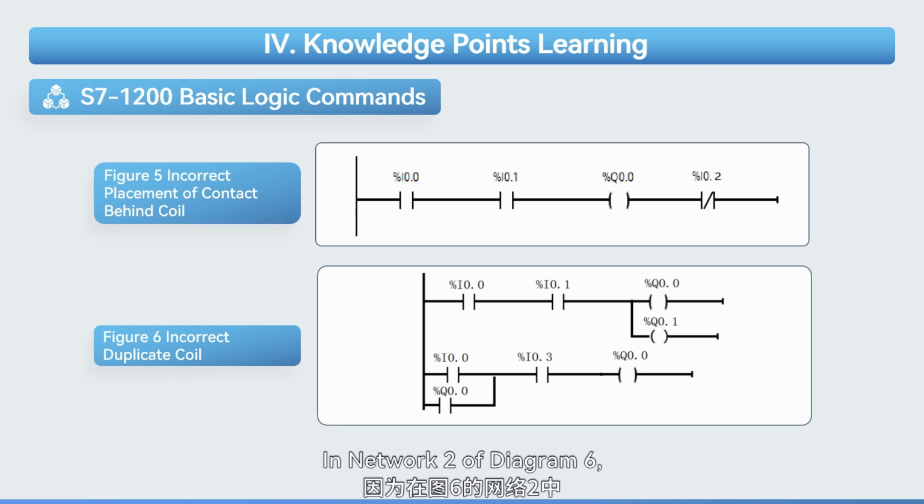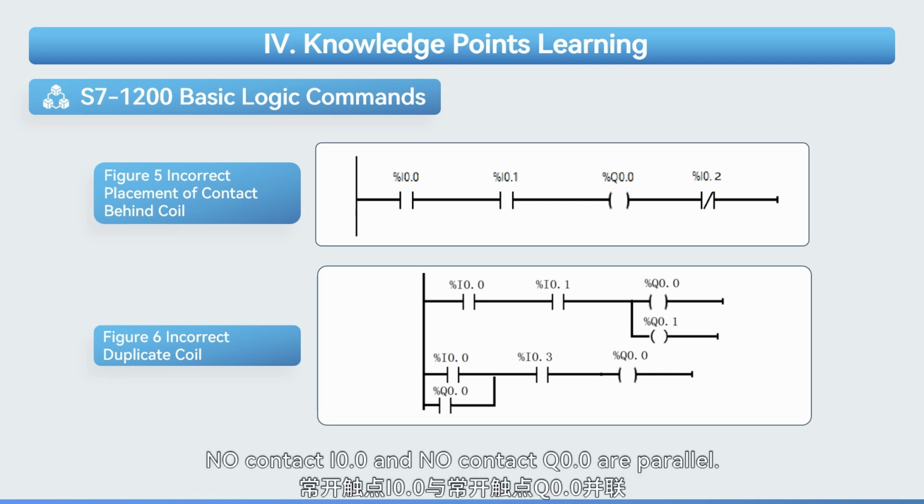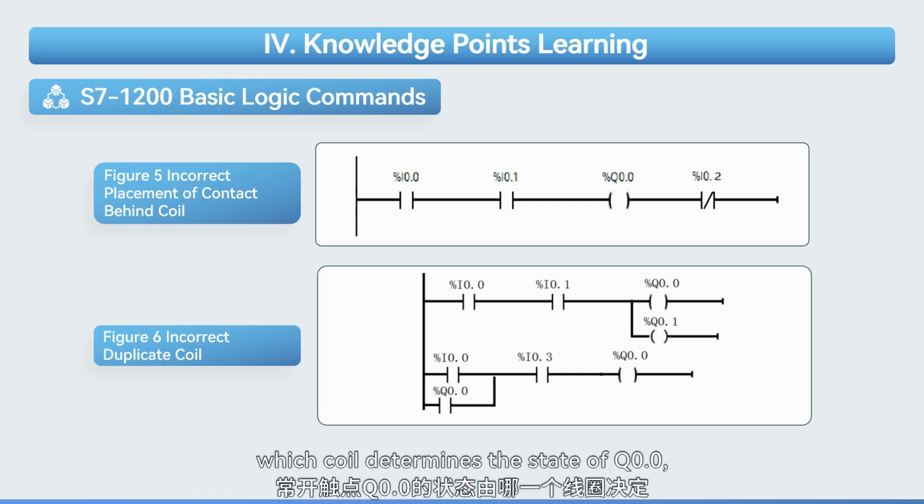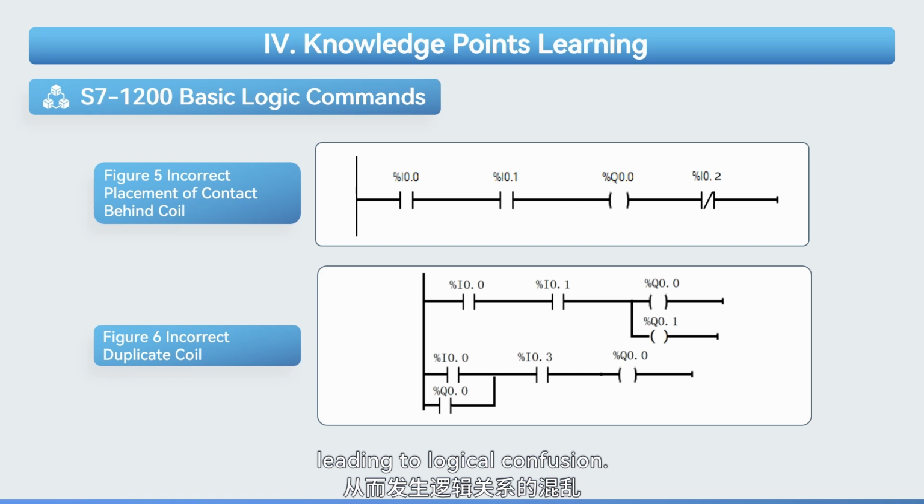In Network 2 of Figure 6, NO contact I0.0 and NO contact Q0.0 are in parallel. The state of Q0.0 is determined by the coil controlling it. With two Q0.0 coils, it becomes unclear which coil determines the state of Q0.0, leading to logical confusion. Therefore, the same program must not include duplicate coils.